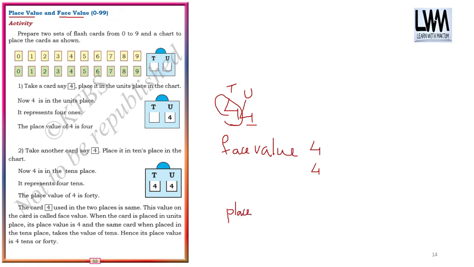For place value, what you're going to do is multiply the number by its position. It is at units place. Unit means 1. So 4 ones are 4. The same way, the second one, this 4 is at tens place.